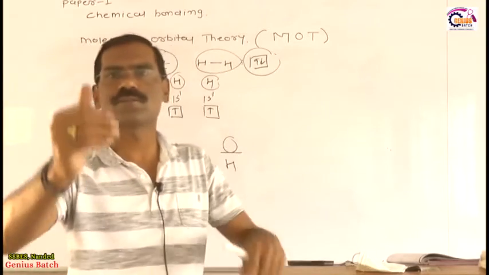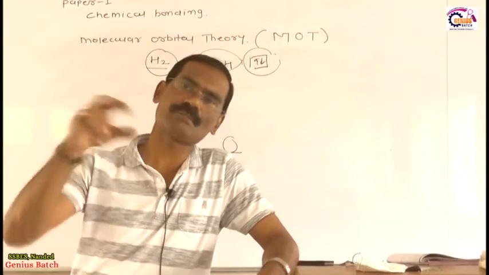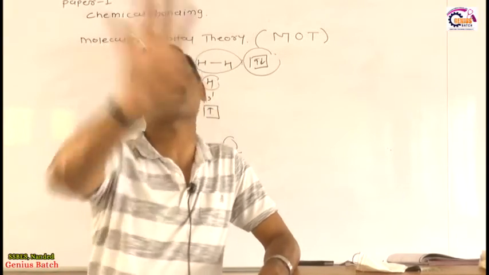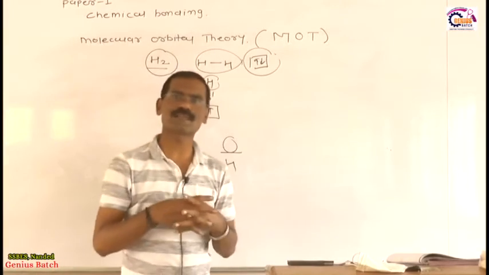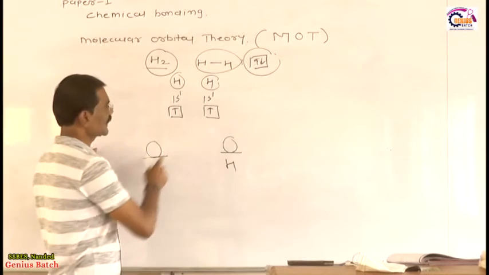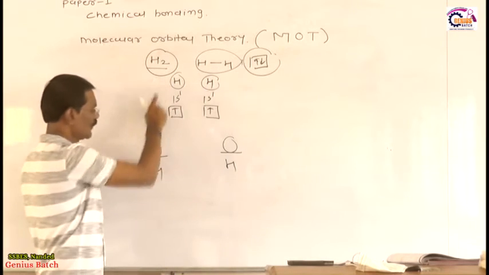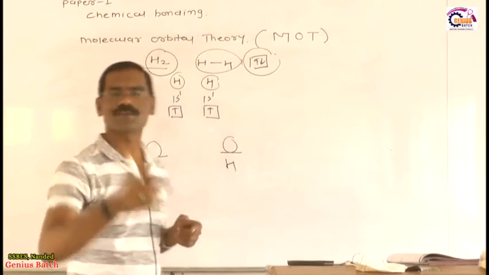This is the golden rule. Suppose in the formation of the H2 molecule, we have 2 atomic orbitals; 2 atomic orbitals give 2 molecular orbitals.